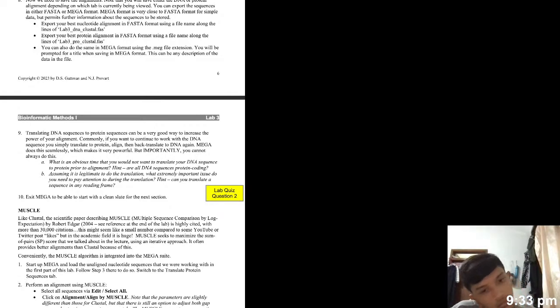In this representation, it's quite similar to the dot matrix method of displaying an alignment that we talked about last week.